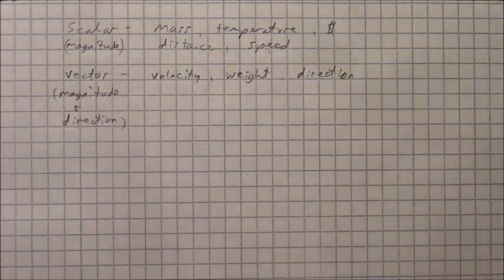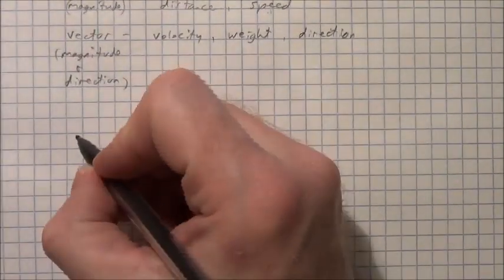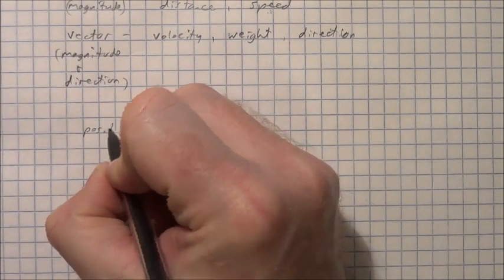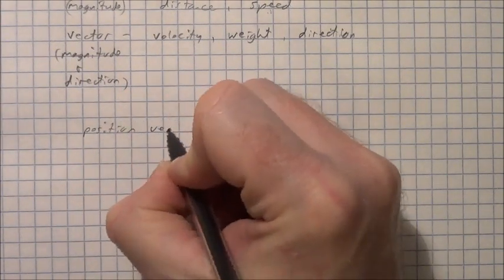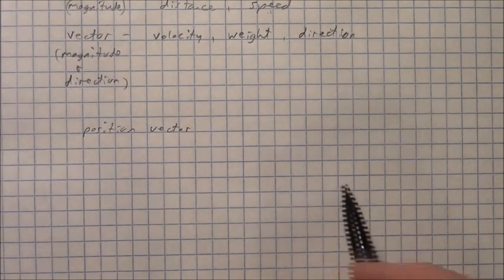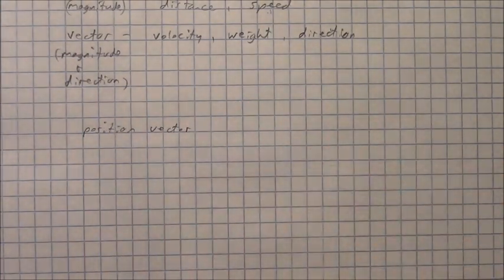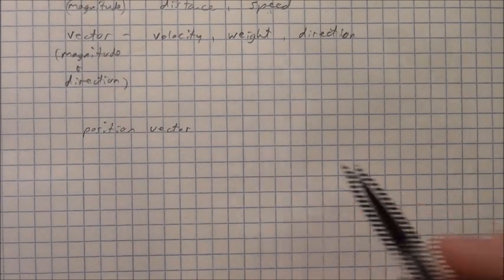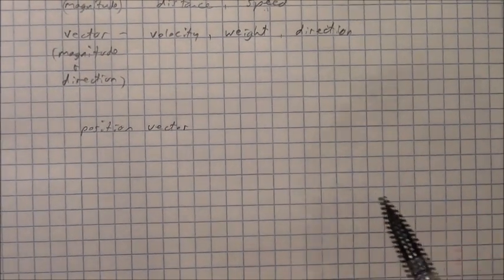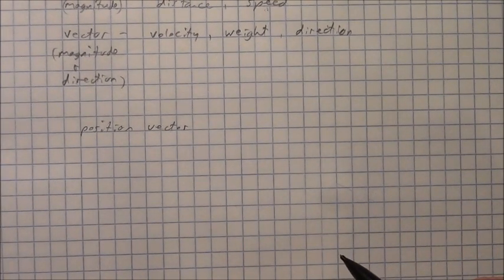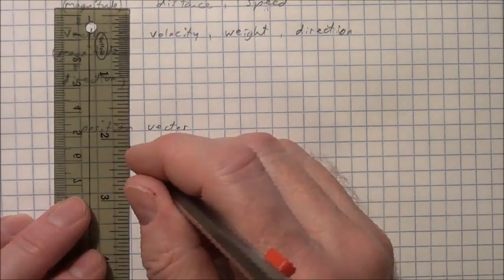Now, there are things called position vectors, and position vectors give the position of a specific point on a Cartesian plane with respect to the origin. So a position vector would originate at the origin and then terminate at some sort of point.